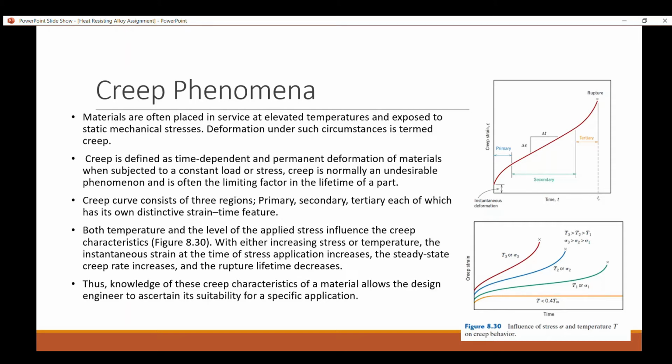We can see from this diagram there are 3 regions of creep, which are primary, secondary, and tertiary. Each of these regions has its own distinctive strain-time feature. The first region is the primary region, where the slope decreases with time, as you can see.